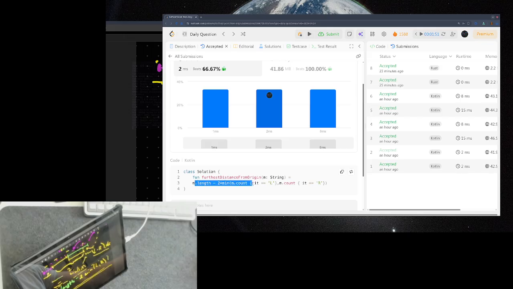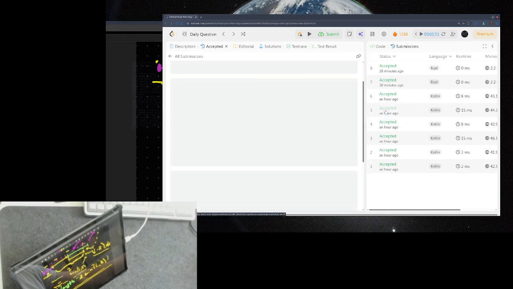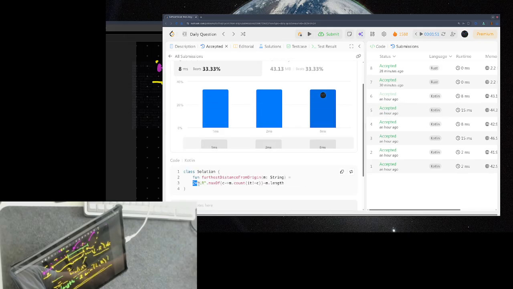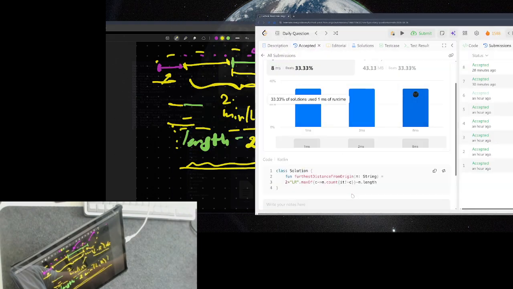And we can rotate this formula for the final solution. So 2 LRs maximum, and this count not equal to C is just the trick to find the underscores plus some value. For example, underscore plus L is when we take an R.